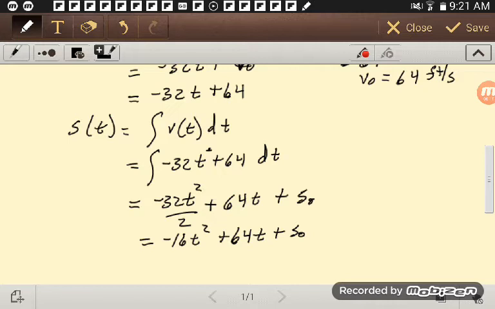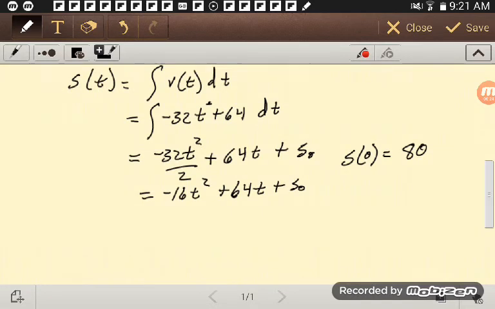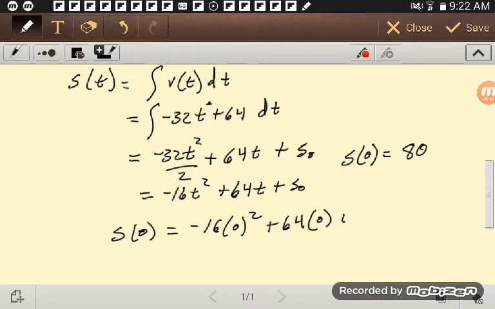But again, remember that we had S of 0 equal to 80. So we have S of 0 is equal to minus 16 times 0 squared plus 64 times 0 plus S0, but we also know that's 80.